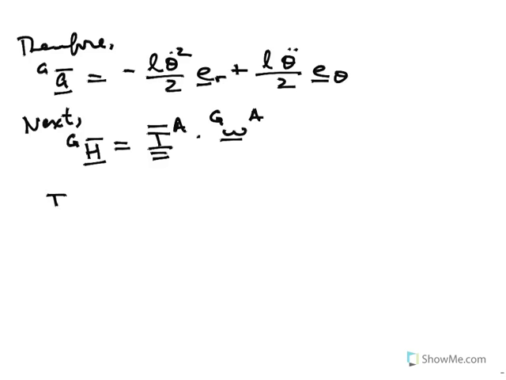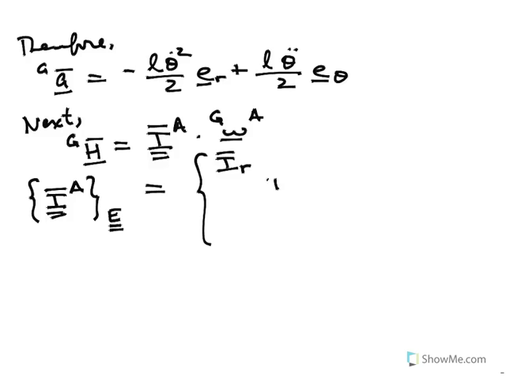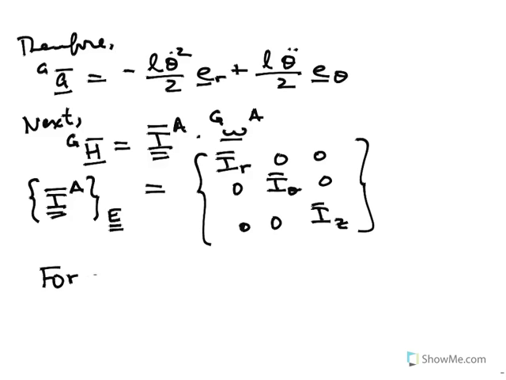But the inertia tensor relative to the arm, when it's expressed in this basis E, can be written in matrix form by the following diagonal matrix. Now, for a uniform slender arm, we can actually look this up in a book.